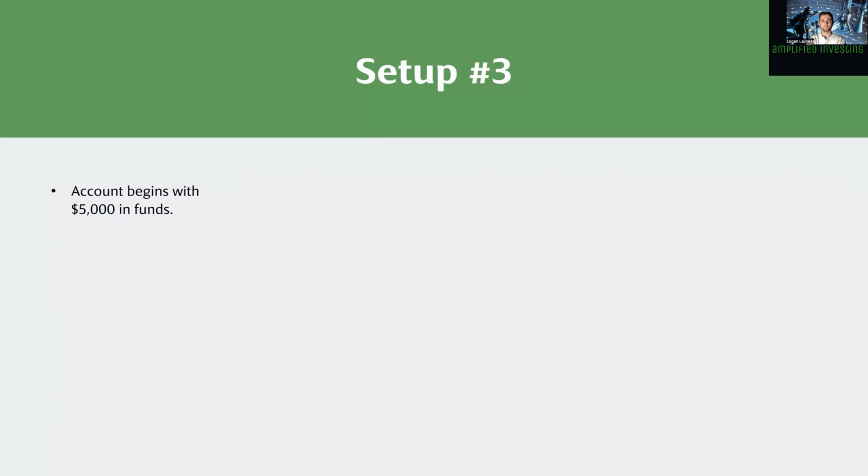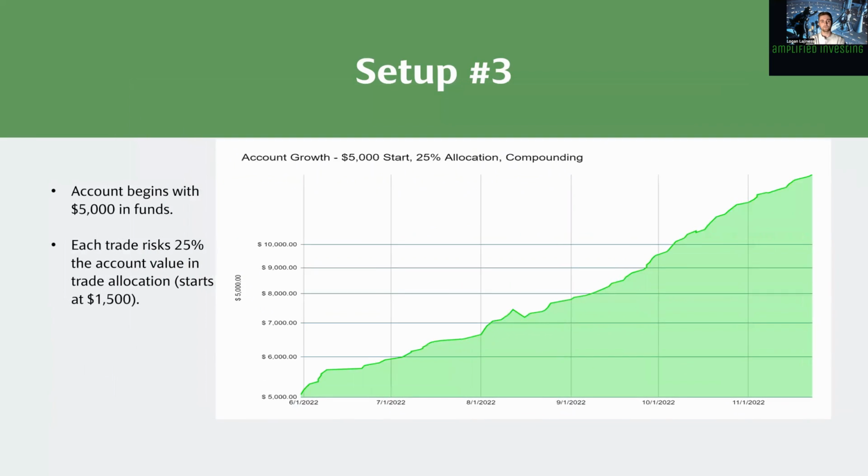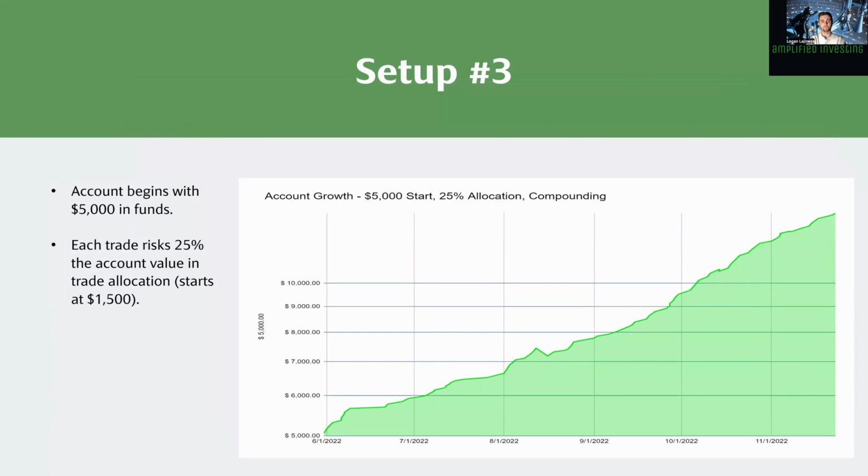So for setup number three, this is the smaller account. Just to give you a comparison, if you were to trade this at a smaller level, in this setup, we were going to risk 25% of the account value. So trade allocation would be $1,500. And for this one, you can see that we've had phenomenal growth.